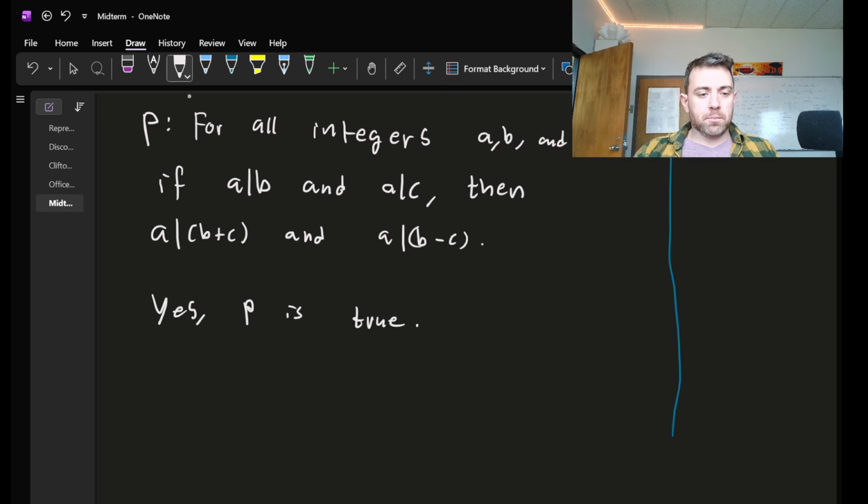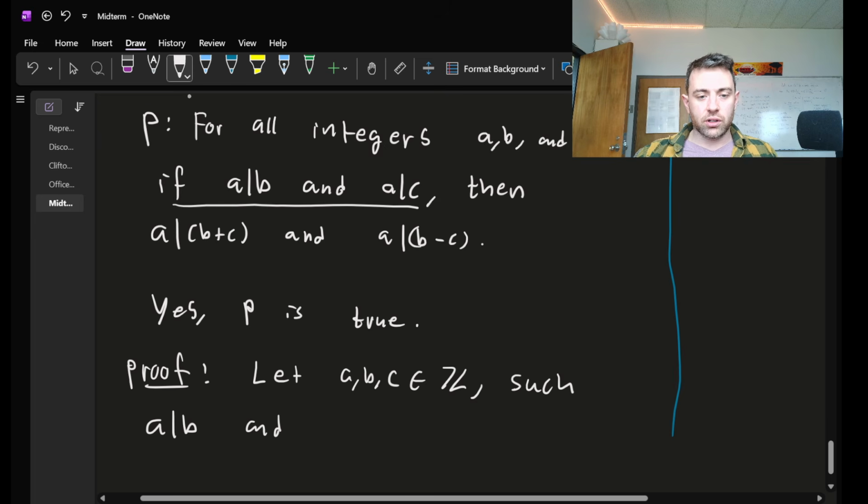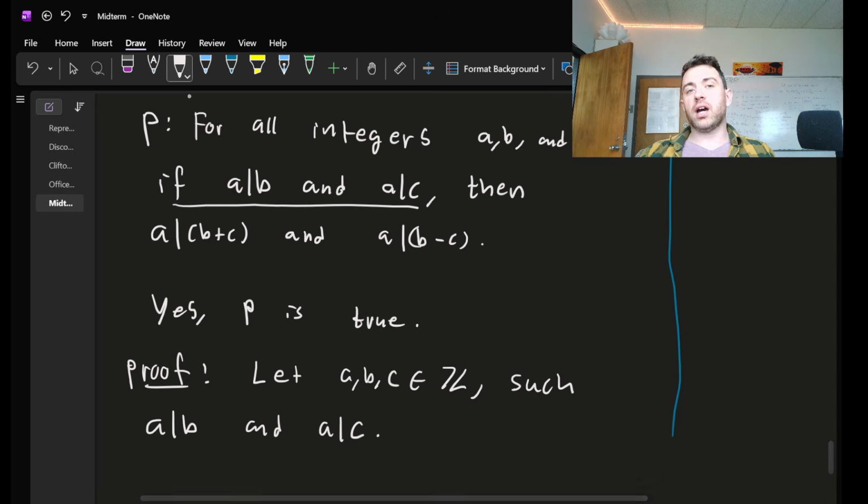So what do we do? We say, okay, proof. Again, it's a for all statement, so let A, B, C be integers such that, because it's not just random integers, I want to pick integers that satisfy the hypothesis of the statement, such that A divides B and A divides C. In these problems, you might be suspicious that I have to worry about one of these numbers being 0, because it doesn't make sense to talk about divisibility by 0.